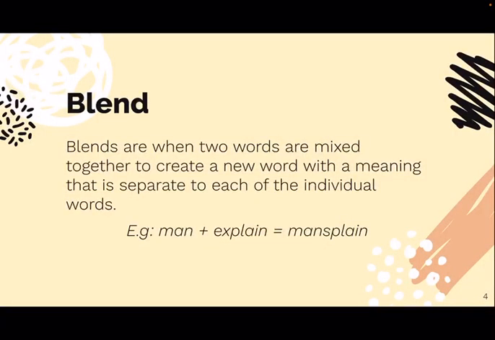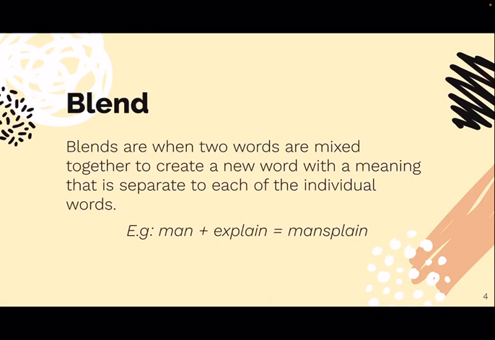Blends are when two words are mixed together to create a new word that has a meaning separate to each of the individual words. So again, we did study this last year. So for example, man and explain have both been combined together. They've been turned into mansplain.